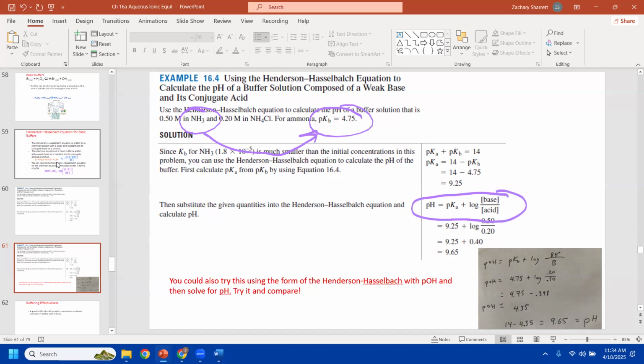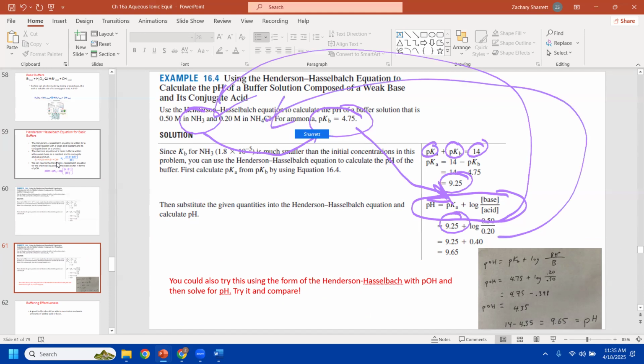So that form involves pKa. Is pKa the same as pKb? They're not, but they're related, right? How are they related? pKa plus pKb equals 14. So if we wanted to find the pKa of that conjugate acid, it is 14 minus the pKb. That's where we get 9.25. We plug that in for pKa. We make sure to put the base concentration, which was the 0.5, and the 0.2, which was the acid there, and we get a pH of 9.65.